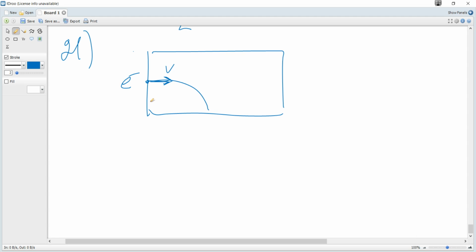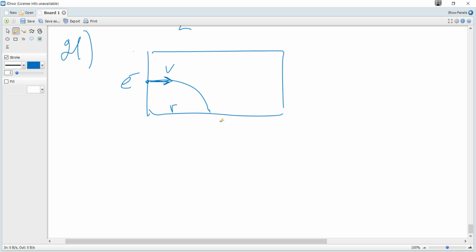The path of the electron inside the magnetic field is circular with radius r. The speed of the electron is varied to obtain different values of r. Which graph represents the variation of speed v with r? So let's describe the situation.